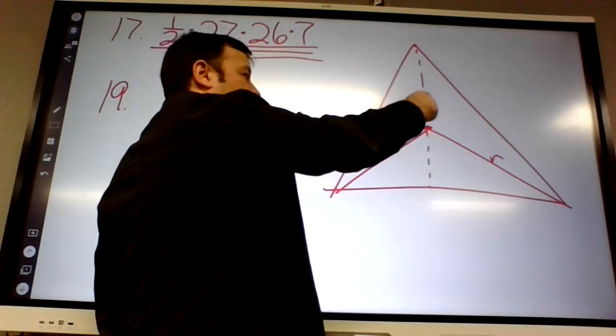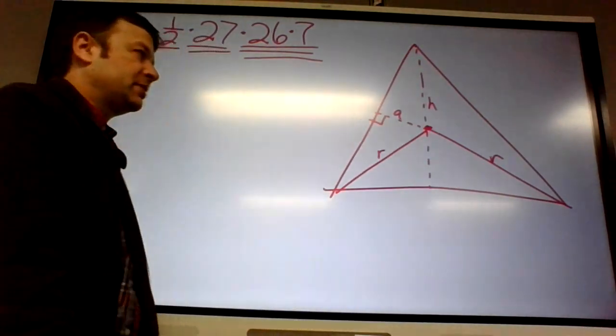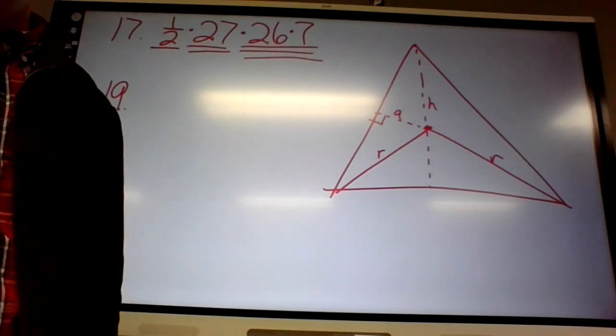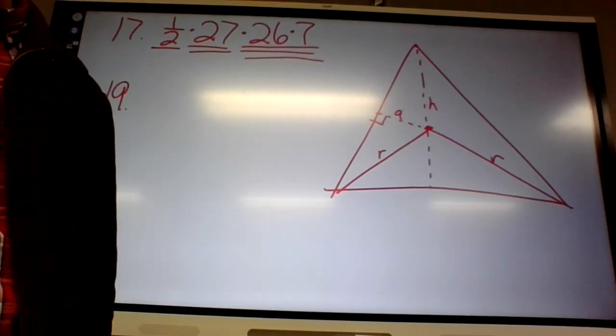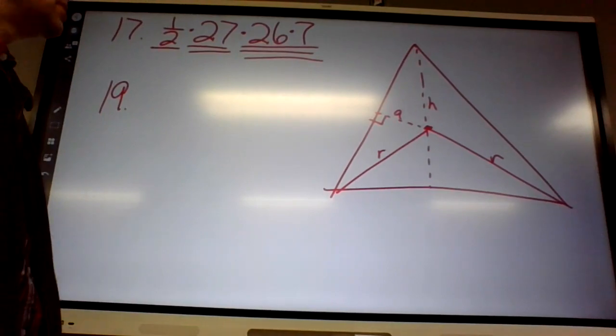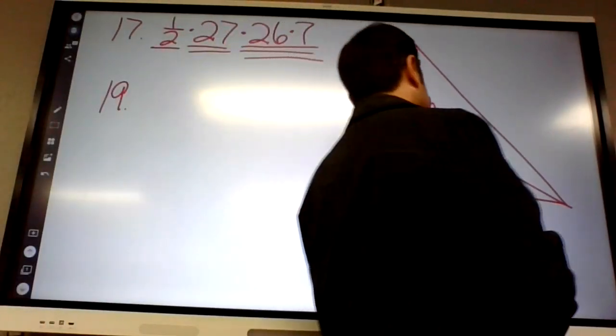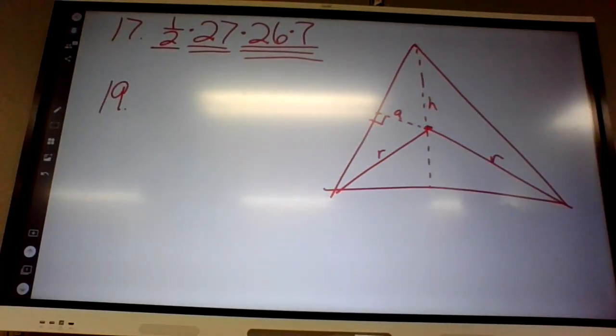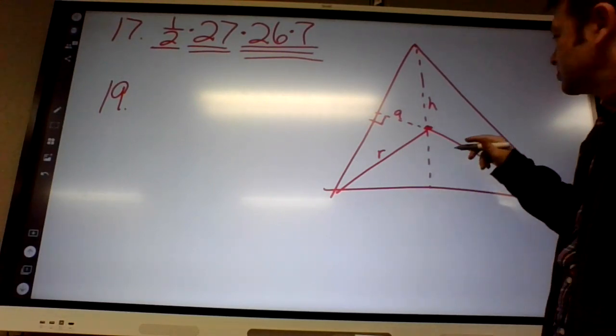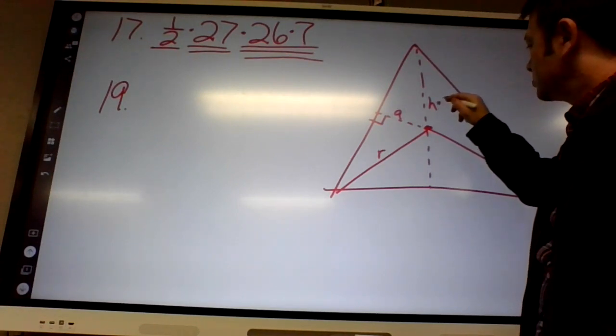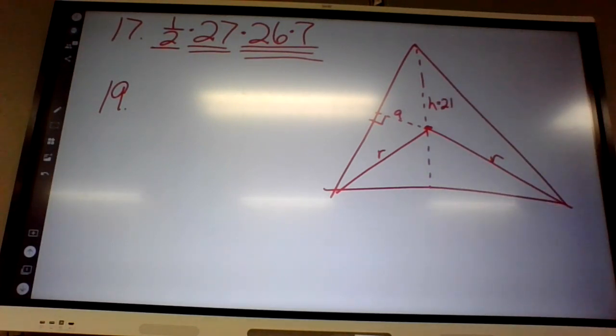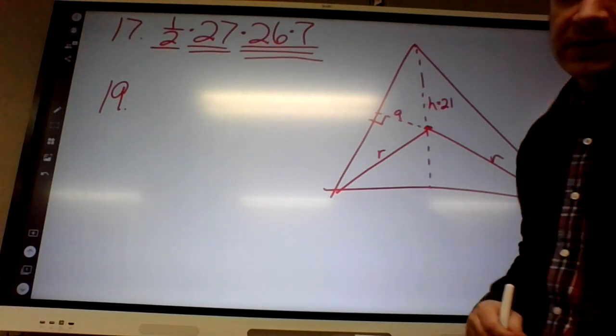This big vertical line is the height of the entire triangle. Okay, the altitude is 21. So altitude means the height of the big triangle. Let's put it right there. And what are we supposed to find? Find the apothem.